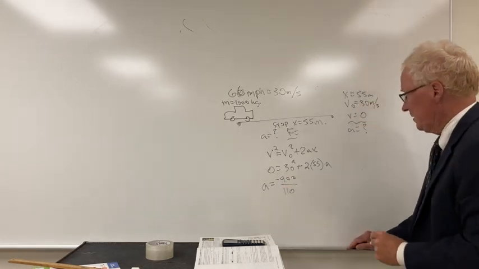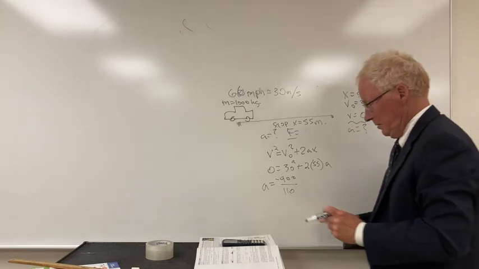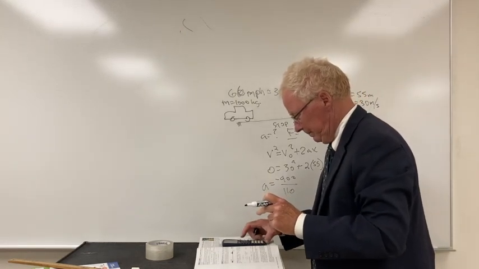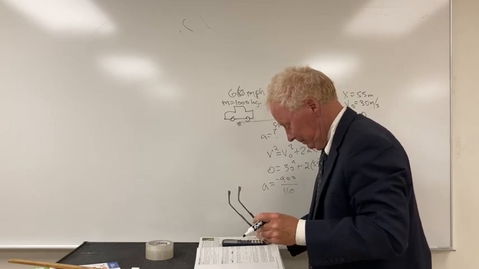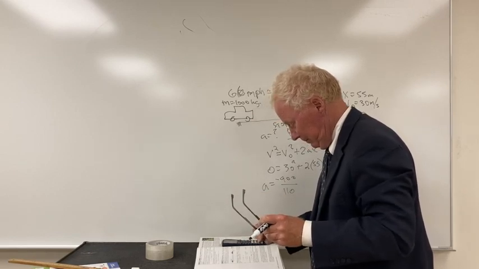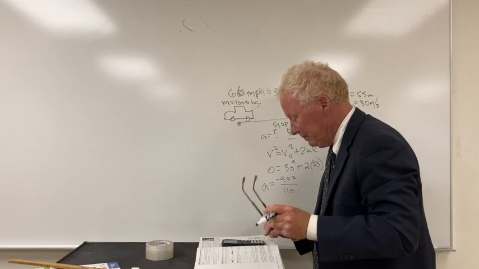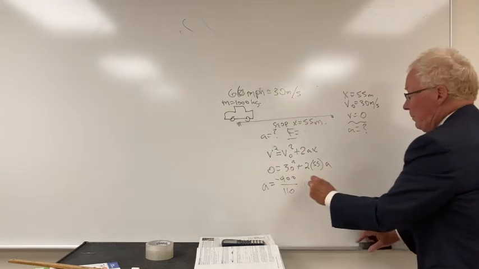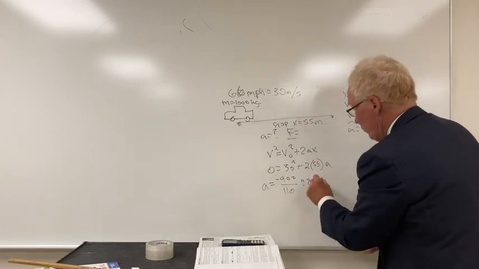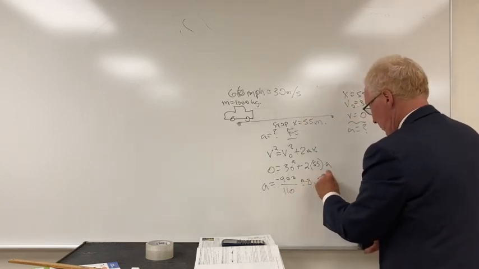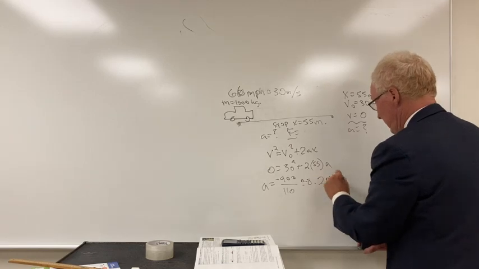If I'm not mistaken. Yeah, so if we calculate that, A would be minus 8.2 meters per second squared.